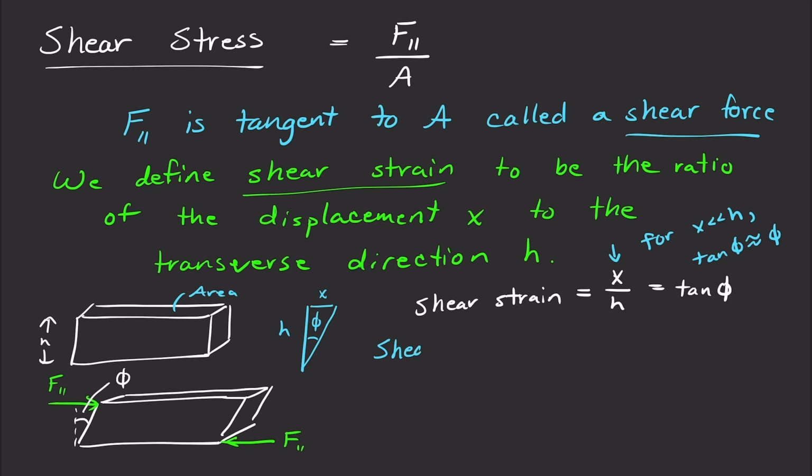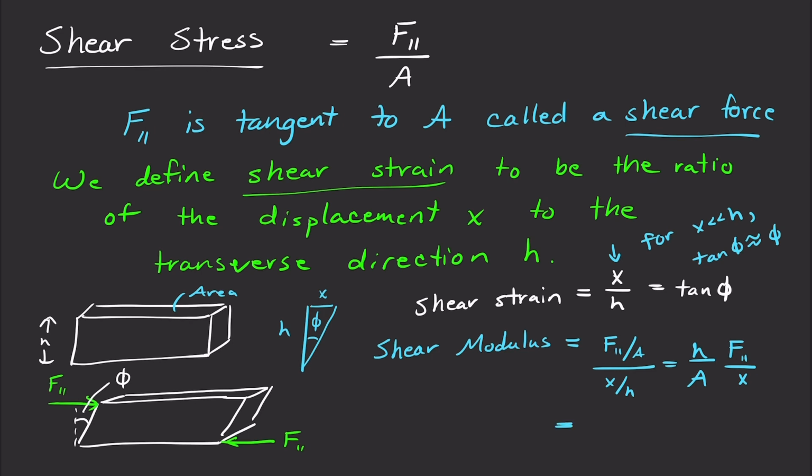Then we have what's called a shear modulus. For each of these different types of stresses and strains, we have a modulus. The shear modulus is defined in the same way. It is the ratio of the shear stress, the force per unit area, over the shear strain, x over h. So we can write this as h over A times F tangent, or parallel to this cross-sectional area, over x.